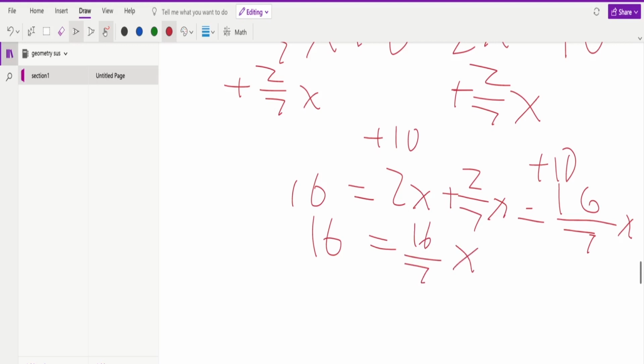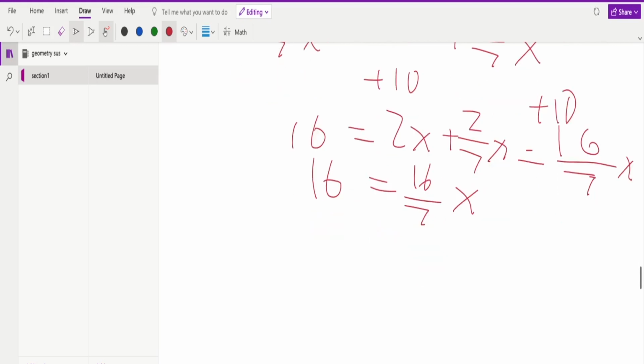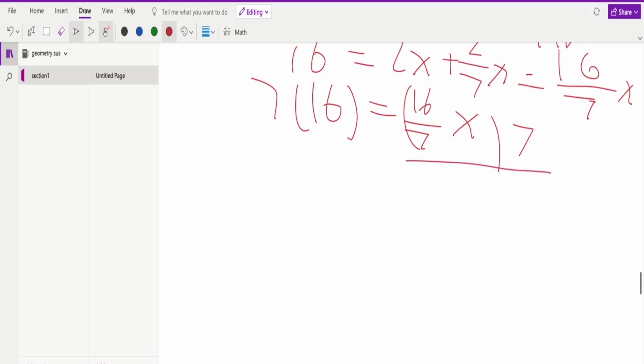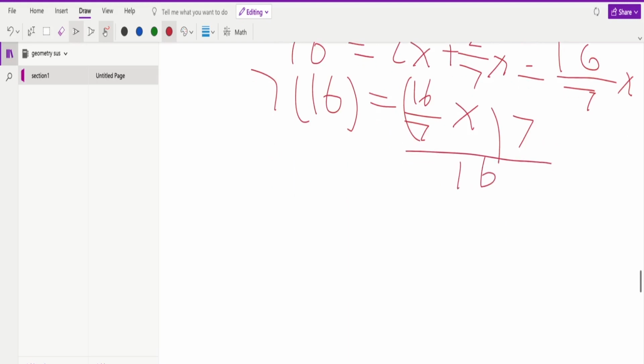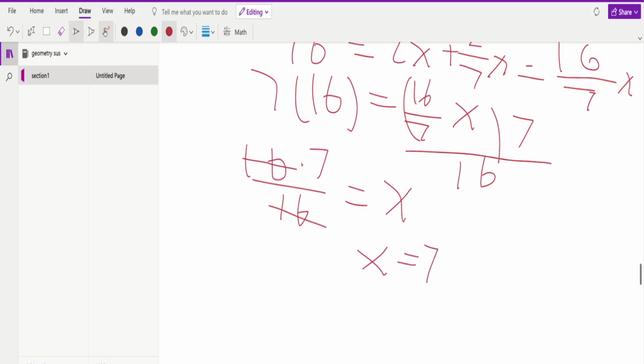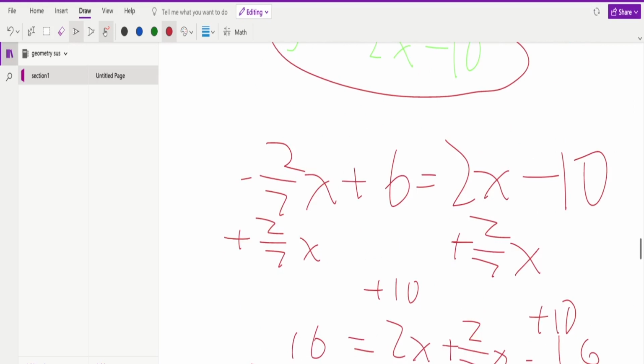And we want to find what x equals. So we're going to multiply by 7 on both sides, and then divide by 16. So you have 16 times 7/16 is equal to x. And 16 cancels, x equals 7. And we plug x equals 7 back into one of these equations.